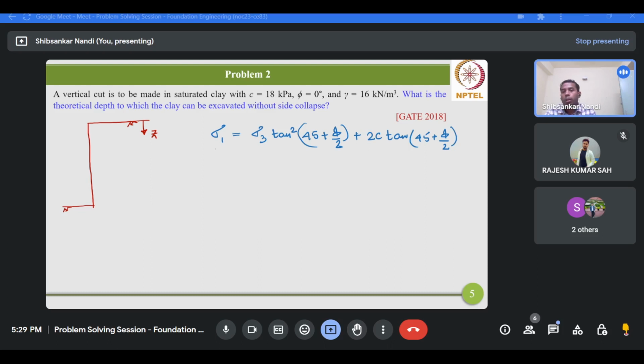This is the relationship where sigma 1 is the major principal stress and sigma 3 is the minor principal stress.